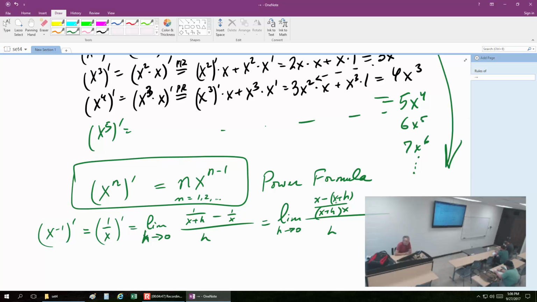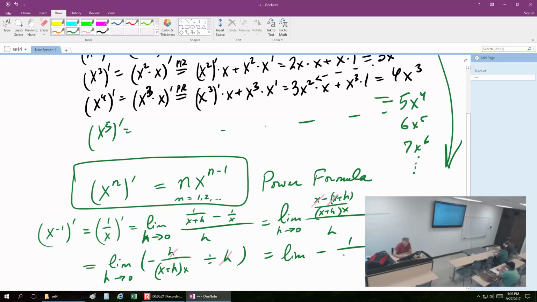That allows us to cancel x as always, and we're left with h, which can now be cancelled. So we're left with what? Negative h over x plus h times x, divided by h. Then h is gone, and we are left with the limit of negative 1 over x plus h times x.